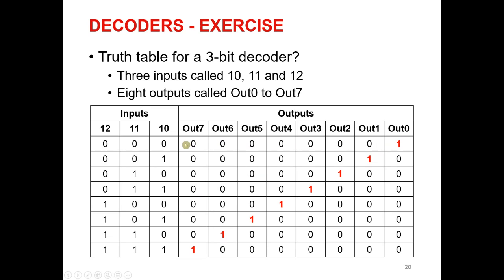If only input I0 is activated, then only output 1 is activated. And using this trend, we will have all the possible outputs. I think that this is clear, okay? Depending on the input, only one output will be activated, and as you can see, each time it is a different input. So this decoder is just, depending on the input, selecting one output, okay?